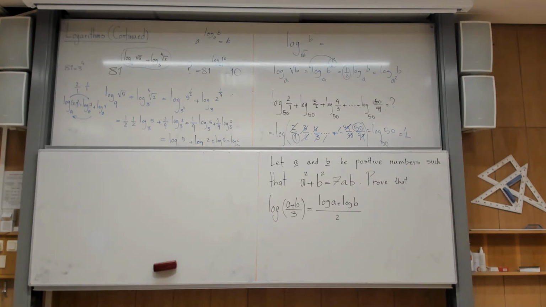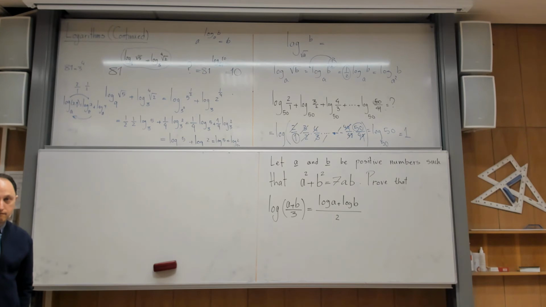Okay, how are you thinking? Yes, Rasmus, do you have any idea? Yeah, we can use the quadratic formula to do some things with our initial equation that we have been given, and lend 2ab from 7ab and move it over to the other side, so that we have a squared minus 2ab plus b squared.